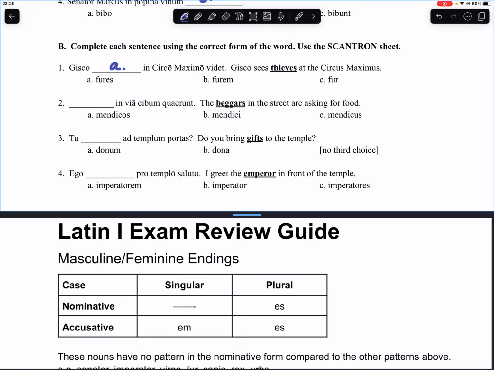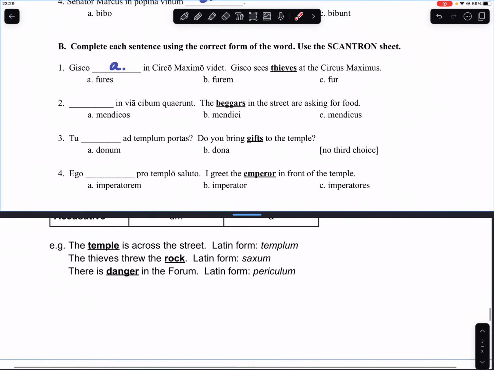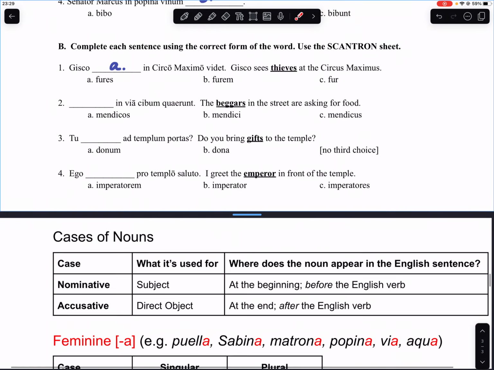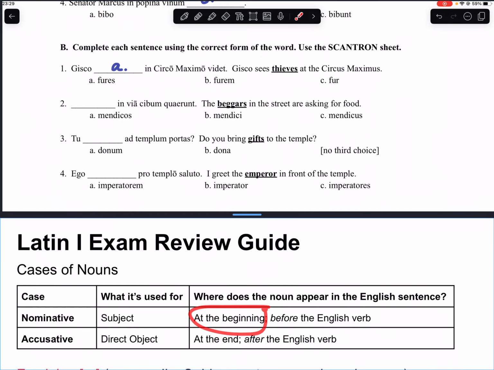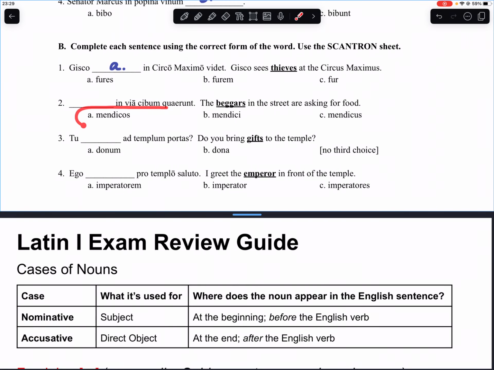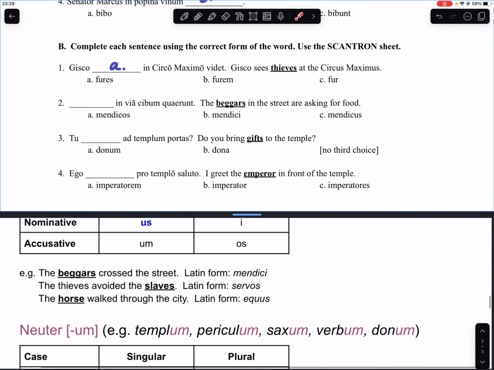Number 2, the beggars in the street are asking for food. Again, I'm going to start here. The beggars, that is towards the beginning of the sentence. It's coming before the verb. So I'm looking for something in the nominative case. So I look at all three of these forms and I say, which one of these is nominative?